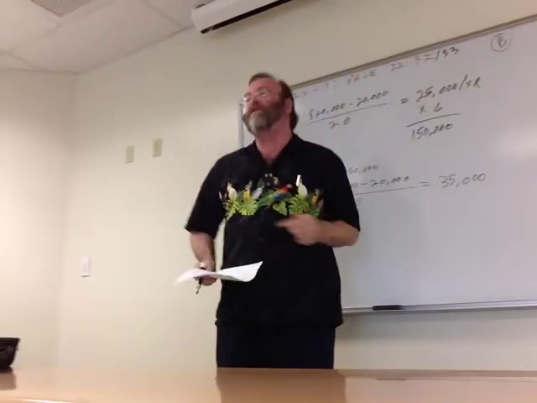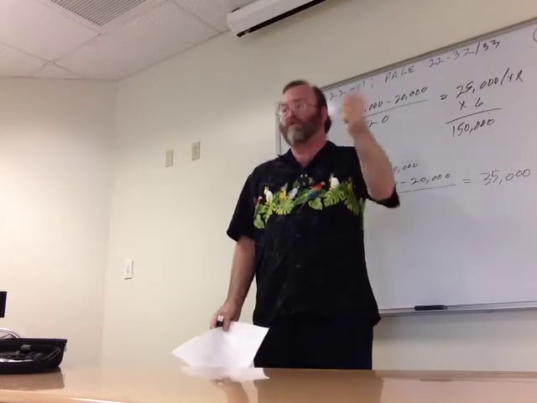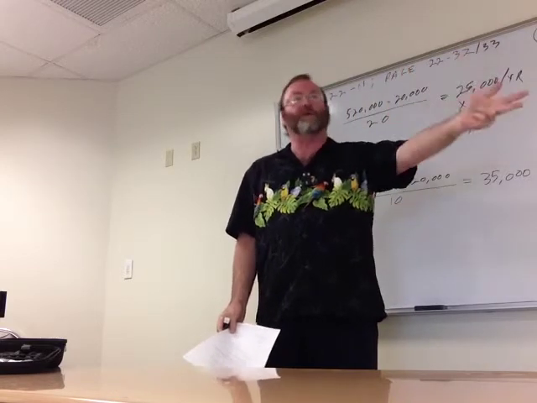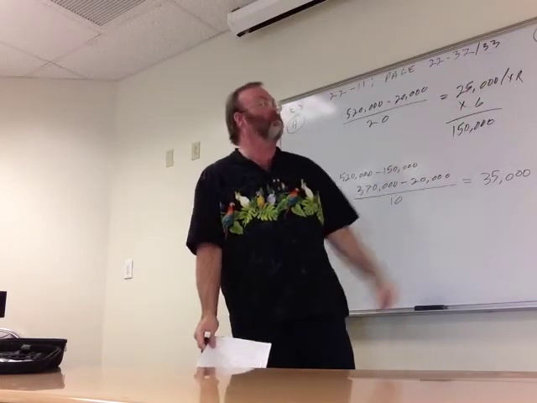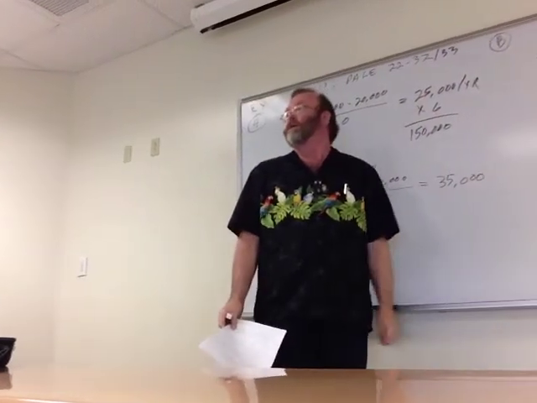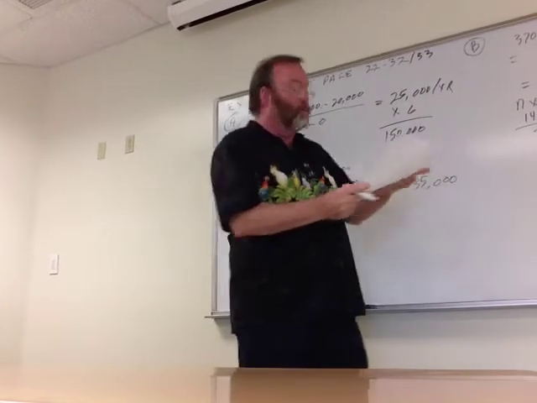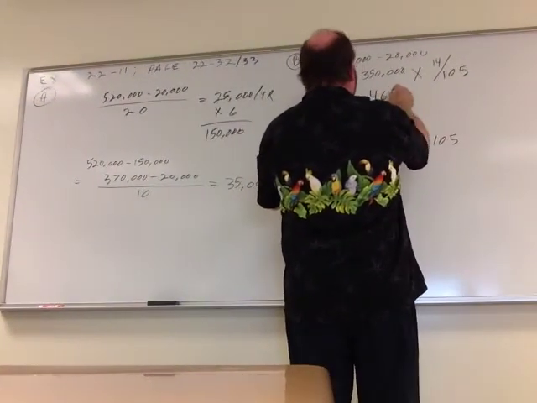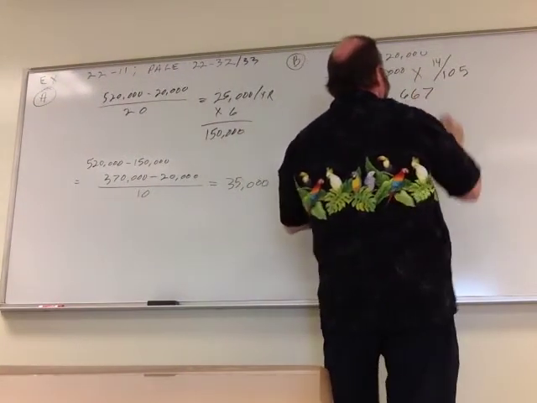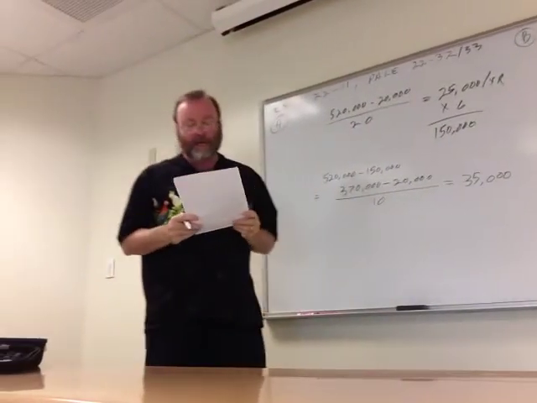So on a 3-year life, 3 times 4 is 12, divided by 2 is 6. 3 plus 2 is 5, plus 1 is 6. So it works, when you're up at the 14, 15 range, makes it simpler. Okay? So multiply this, and you get 46,667 as the 2014 depreciation.